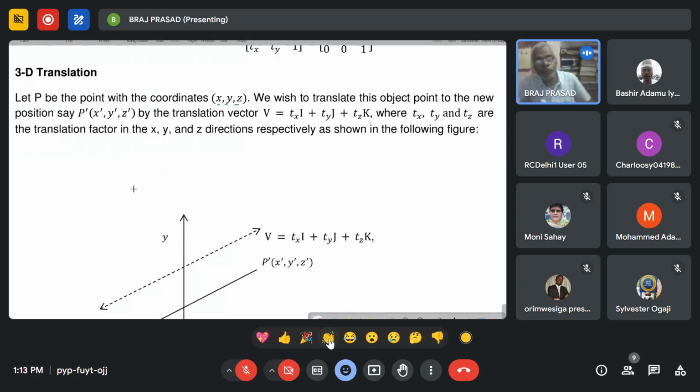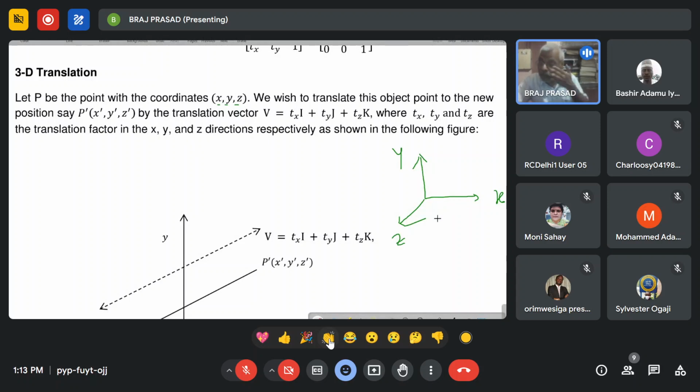Each point will be represented with the help of three coordinates x, y, and z. As you know, in three dimensions there are three coordinates in the Cartesian system: x, y, and z.